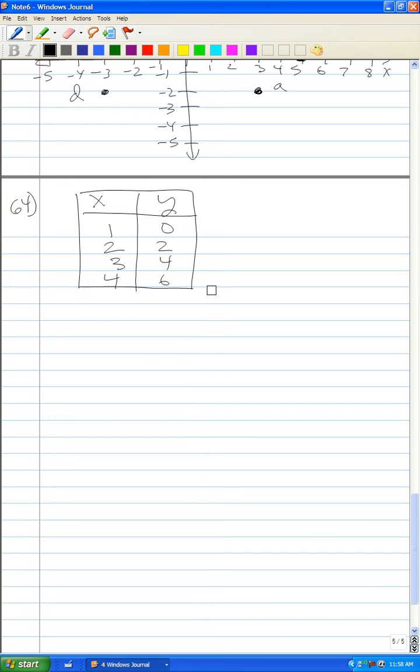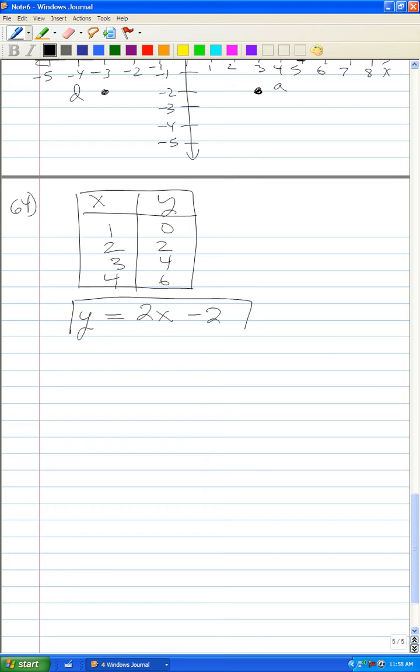So if I look at this, well, you notice that if I increase x by 1, I'm increasing y by 2. And so whenever I increase x by 1, I should increase y by 2. But when x is 1, y is 0, so I've got to subtract that extra 2.